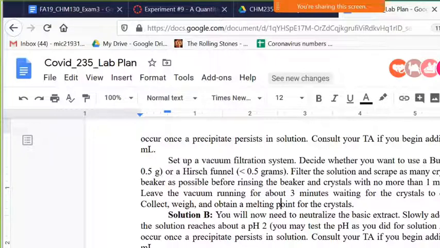So what percent recovery do you want for each substance? Okay? And that is entirely up to you. You could decide that they were equal, you could decide that they were higher, lower, anything.